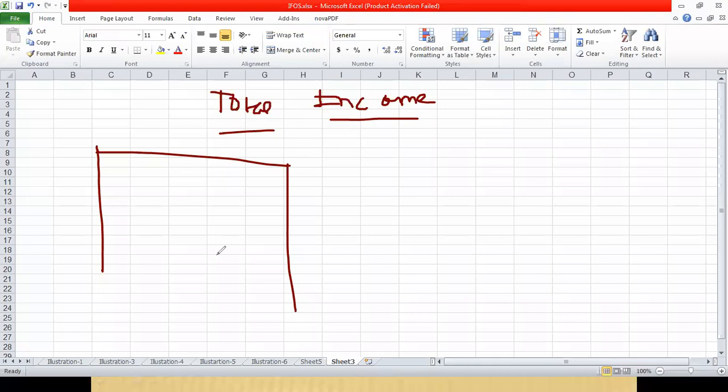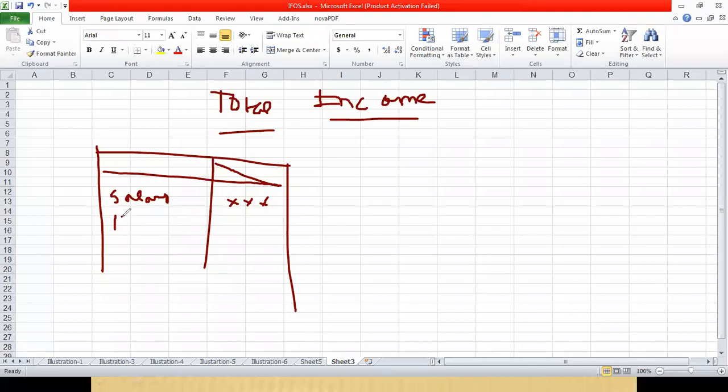First we will start with salary. We will do the calculation of salary, then take the income taxable under the head salary.